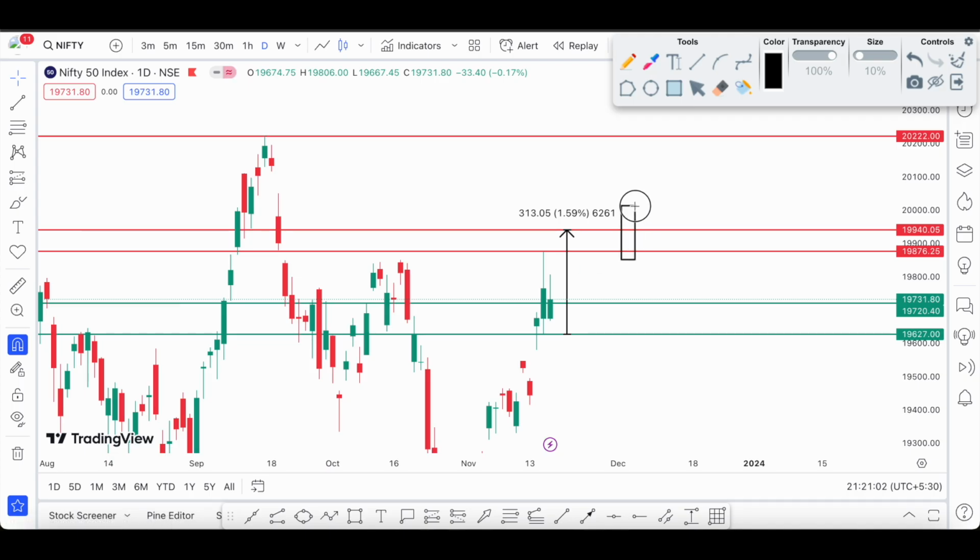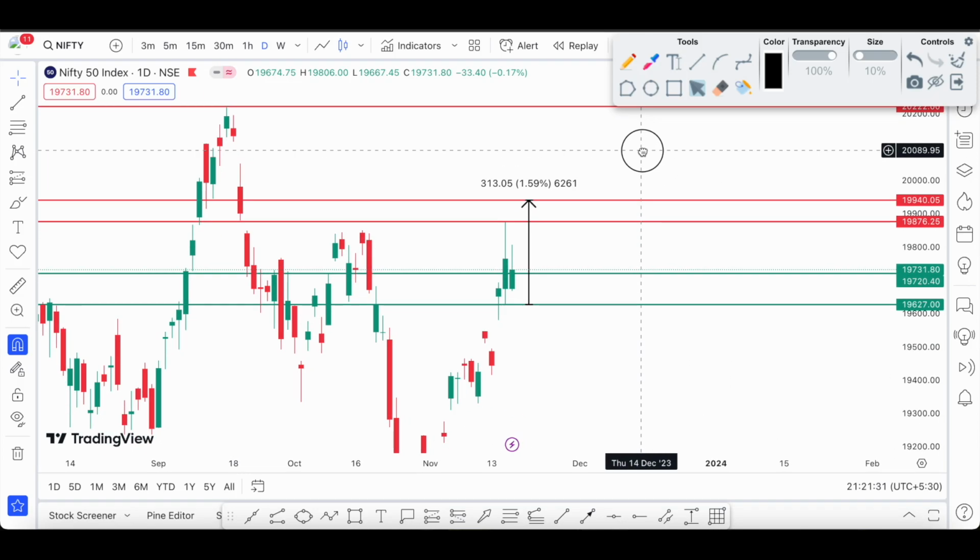If this level breaches, then I would discuss the further price action or movement at that time. But still, if I want to say anything in these areas, I would reduce my position sizing in this particular range from 19,940 to 20,222. I would reduce my position sizing, and I would wait for any clear structural directional move.